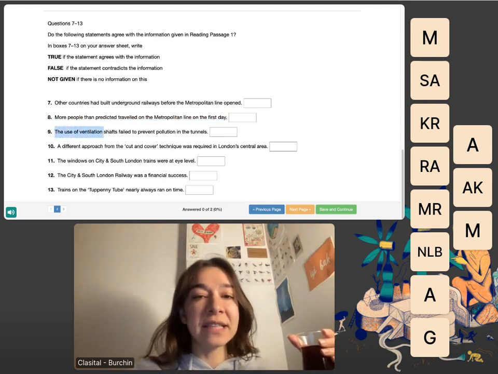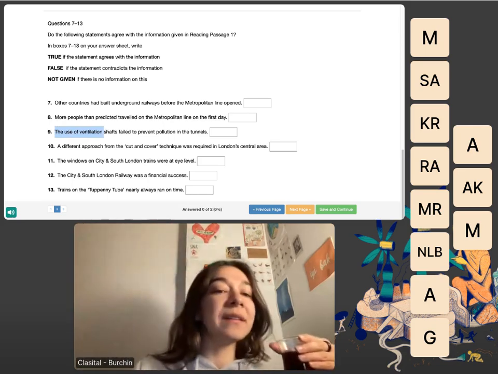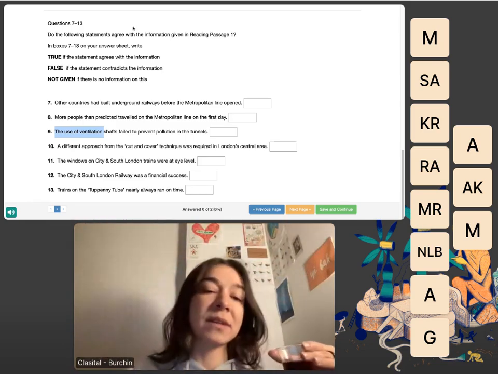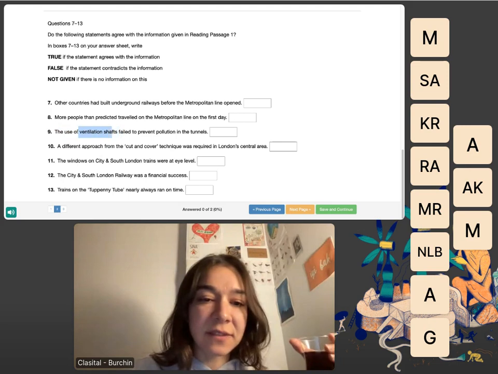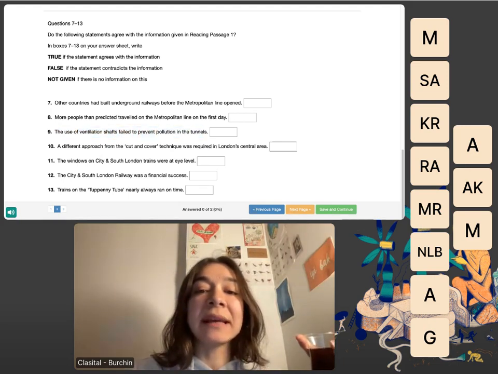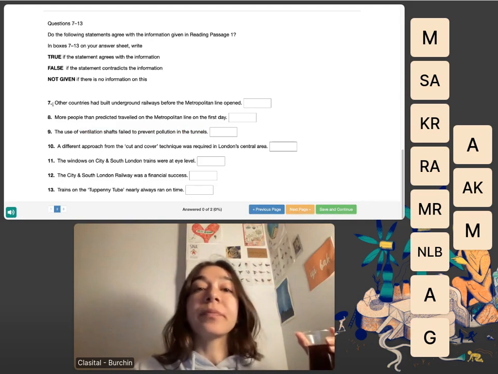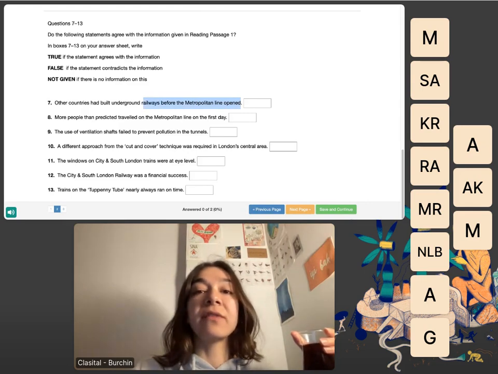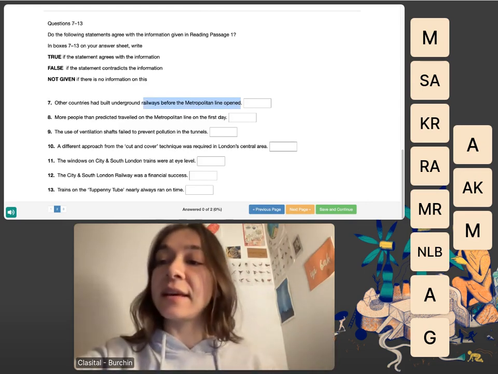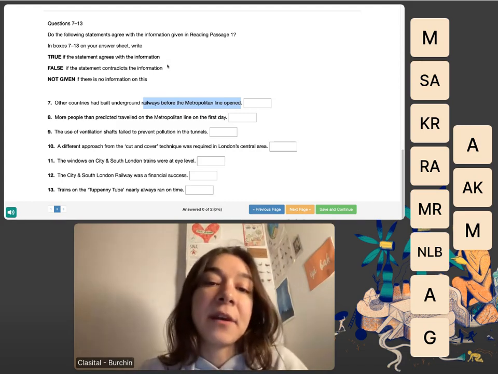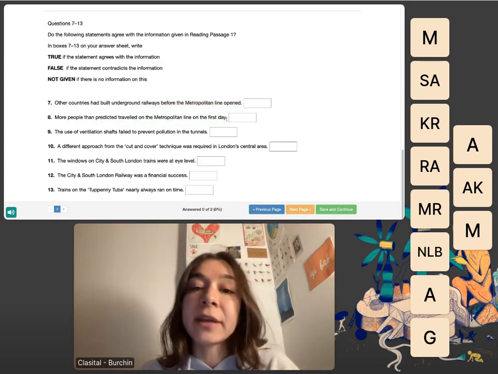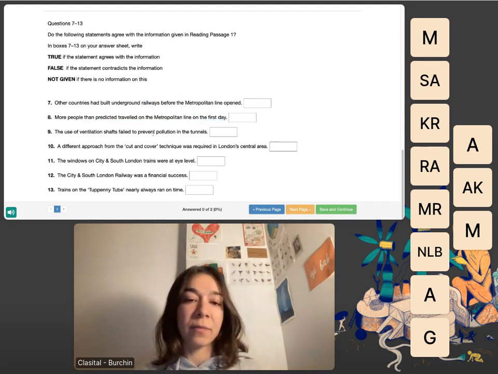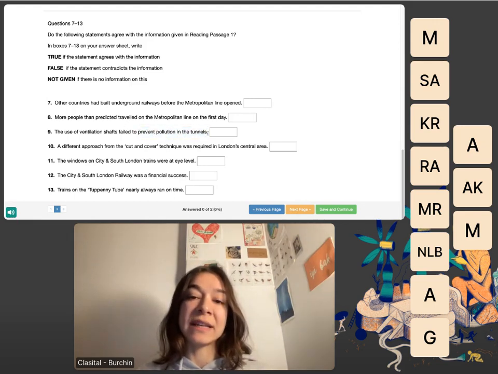Let's read this one too. The use of ventilation shafts failed to prevent pollution in the tunnels. Ventilation is like the air flow. Let's look at the keywords. Metropolitan Line opened, so we will look for the day it opened, information on its first day, and information about preventing the pollution in the tunnels.